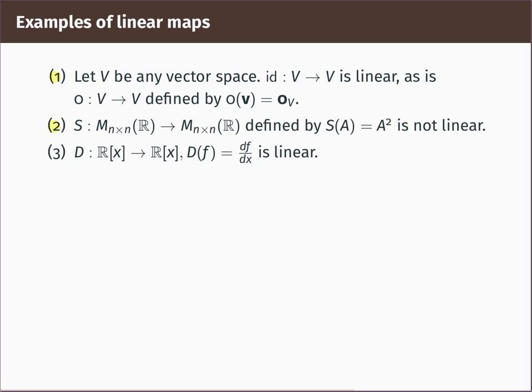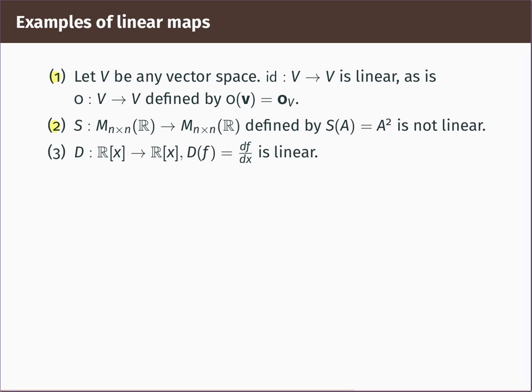Next, let's think of a non-example, so an example of a map which is not a linear map. We will take S to be the function from the space of n by n real matrices to the space of n by n real matrices, and we'll define it by S of A is equal to A squared. Now, in fact, this map doesn't obey either of the two conditions for being a linear map.